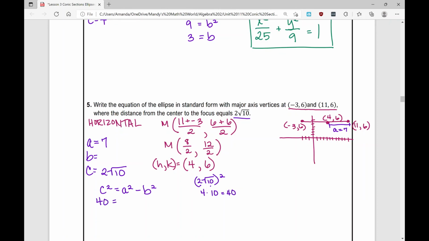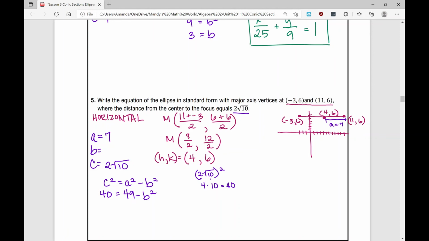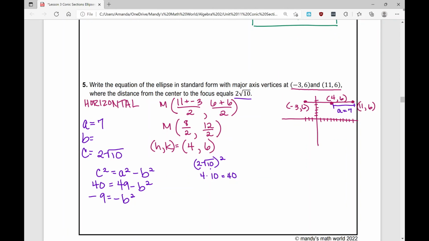A squared is going to be 7 squared, which is 49, minus B squared. I'm going to subtract 49 from both sides, and I get -9 equals -B squared, which looks a lot like what we just did, which means B squared equals 9, which means B equals 3. I went pretty fast on that because we just did that in number 5. So the B value is 3.